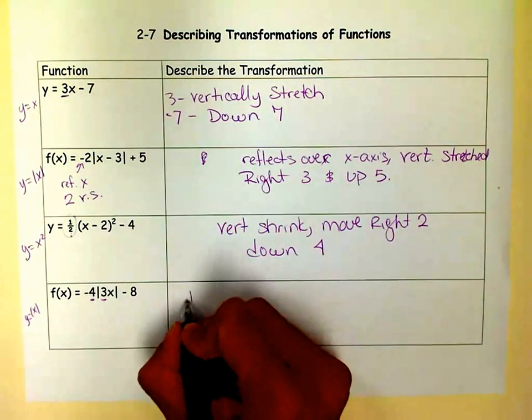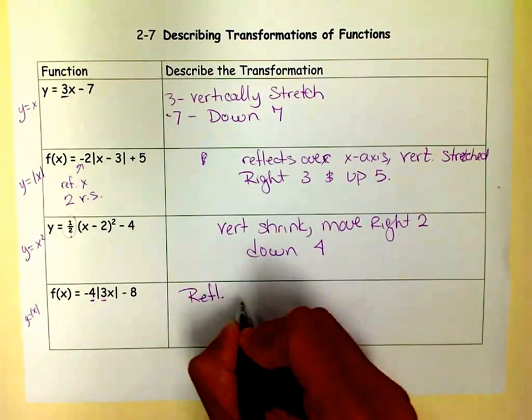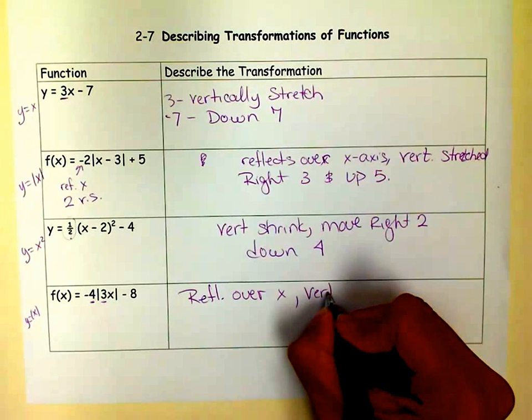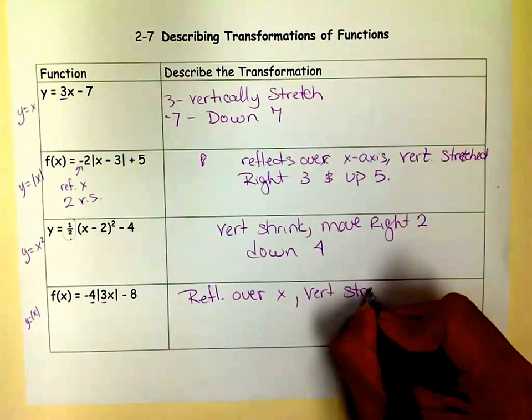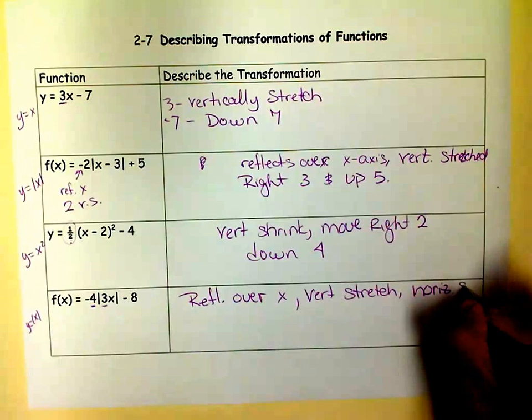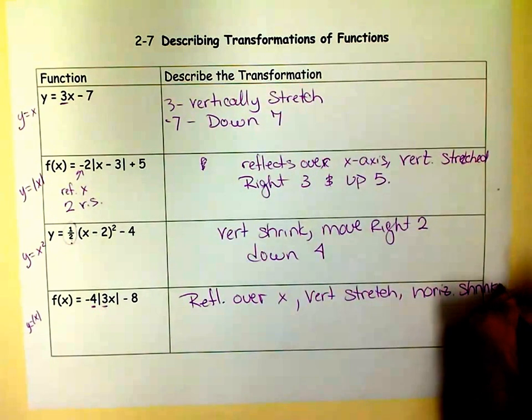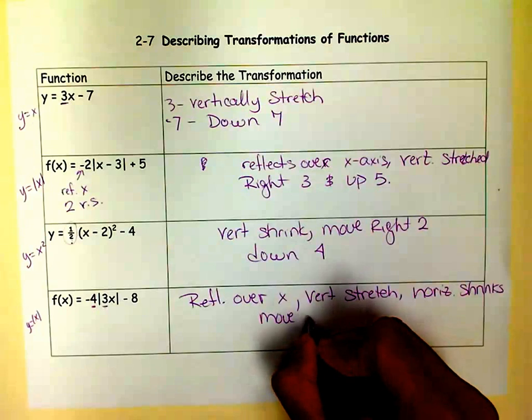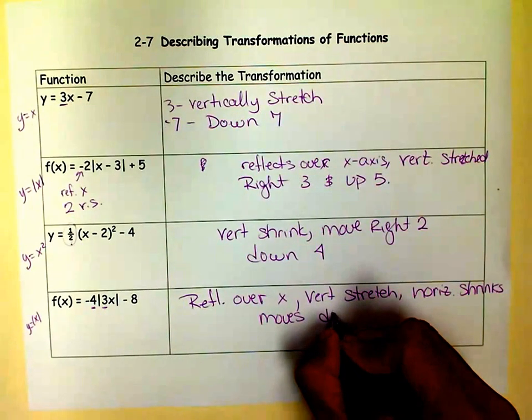So anyway, it reflects over x, vertically stretches, horizontally shrinks, and moves down 8. Sorry.